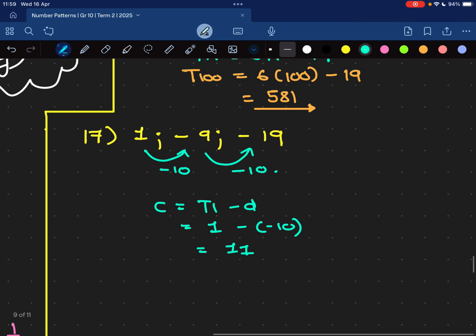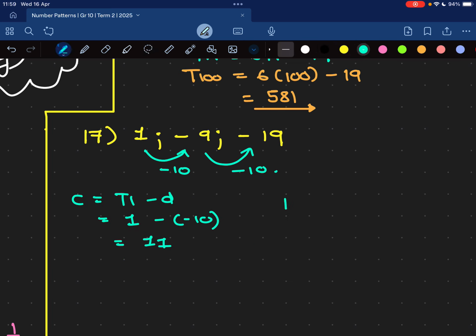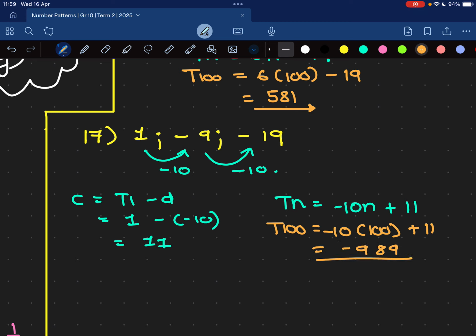That is the biggest concern with something like this, again, is just the signs. So Tn is going to be equal to negative 10n plus 11. So if you want T100, you will say negative 10 times 100 plus 11, which is just negative 989.